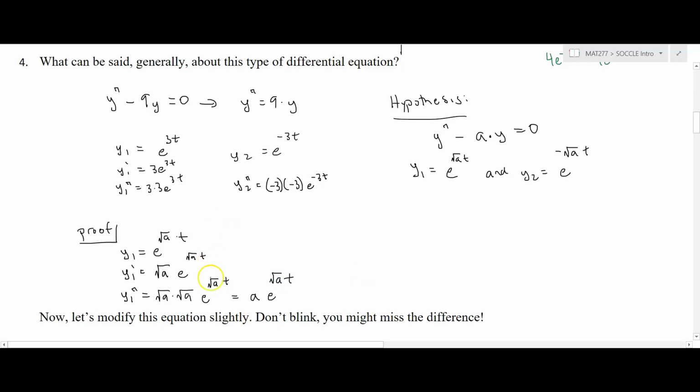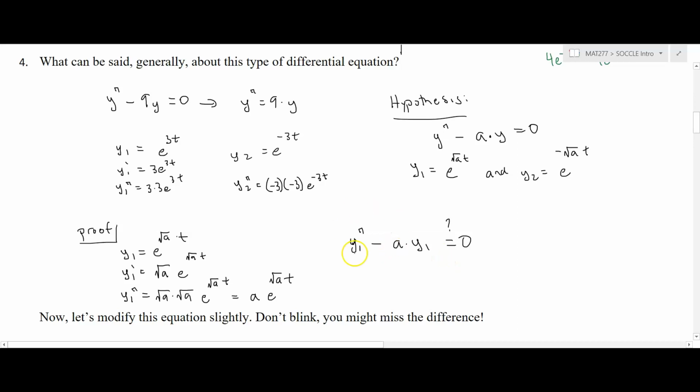That is all great. Now we just have to check that it actually satisfies the equation up here. So does y double prime, or I should say y1 double prime, minus a times y1 equal 0? Now we could have also said, does y double prime equal a y?